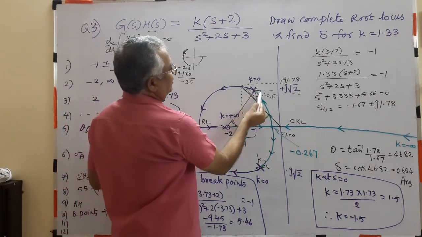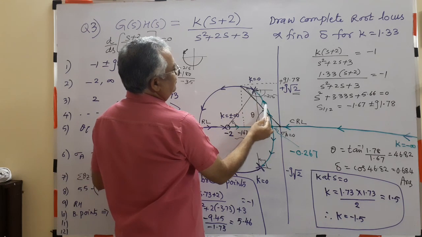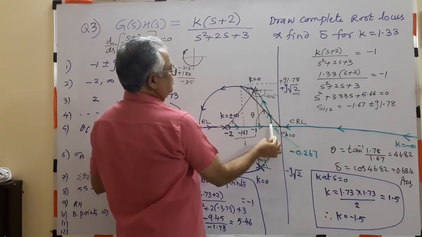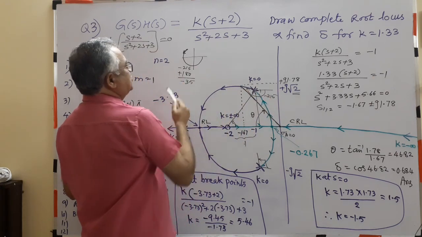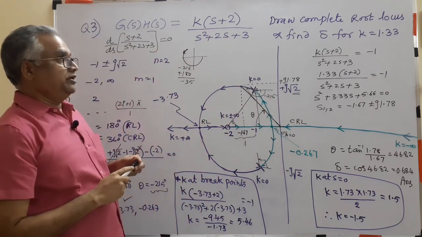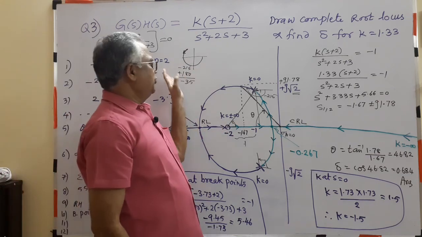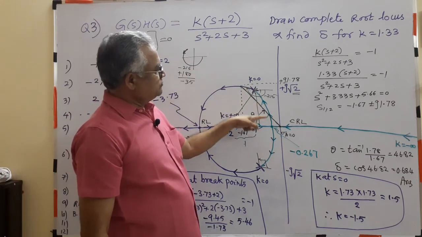So the angle of arrival is minus 35. With minus 35 it is coming. This is angle of arrival, this is angle of departure. It is just a difference of plus or minus 180. So you need not work that out, it is symmetrical.